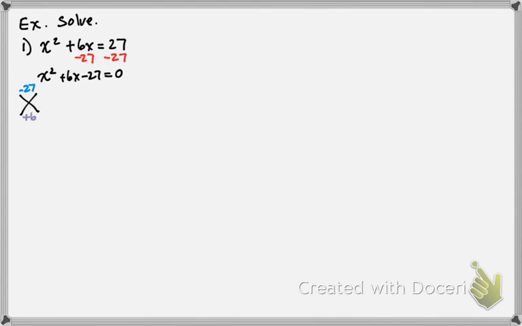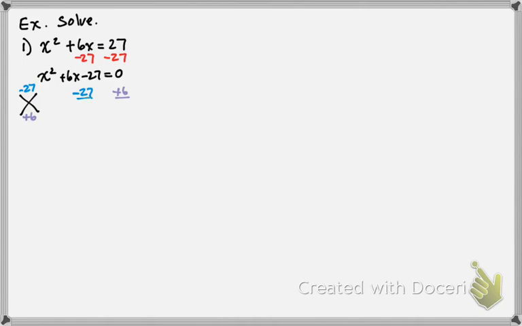So that means my factors are going to subtract to give me 6. So off to the side. And a lot of people are able to see the factors already. I am going to get one factor that's positive and one factor that's negative.